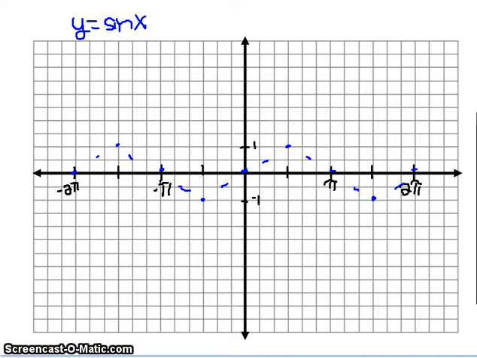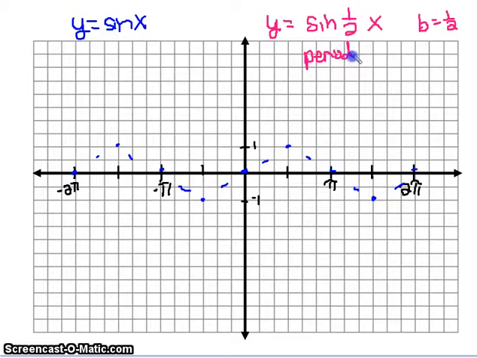We then are going to talk about what happens if we have y equals the sine of 1/2 x. This makes our b, once again realizing a is in front of the sine, b is in between the sine and the x. Our b is equal to 1/2. Our period is equal to 2 pi divided by b.